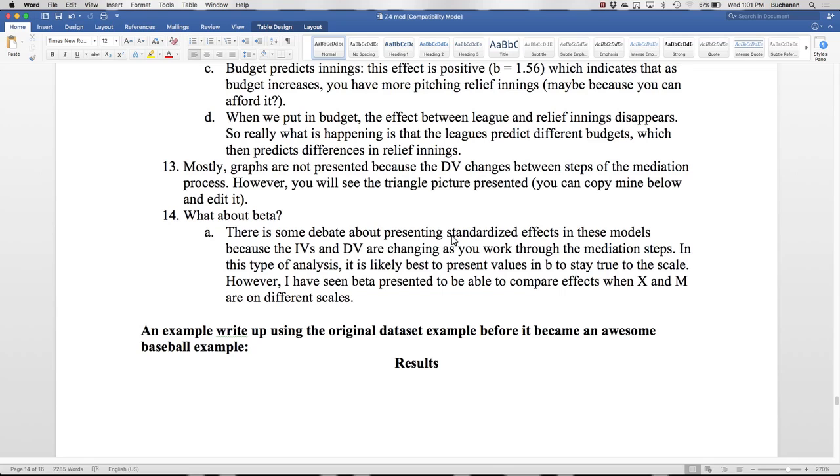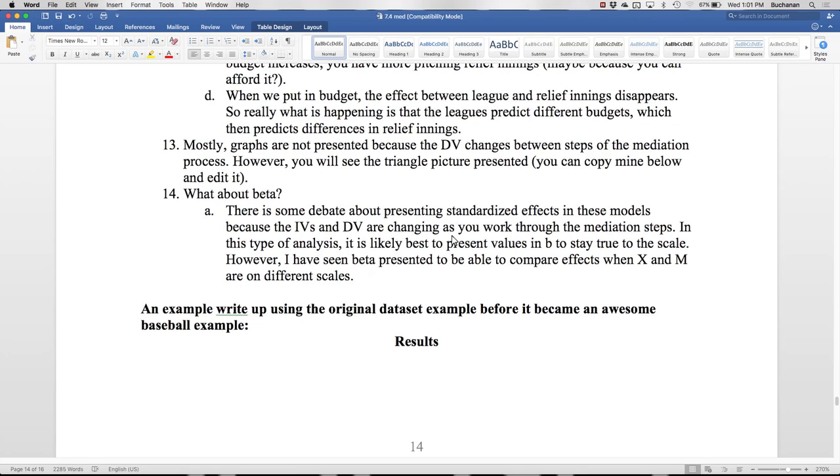Because this one has Y as a DV and this one has M as the DV. And so the standardization doesn't make sense because they're different IVs and DV combinations. So most people stick with B. I have seen beta presented before, but generally people do B. If you wanted to do beta, it's just LM beta of your model within the quant sci library.